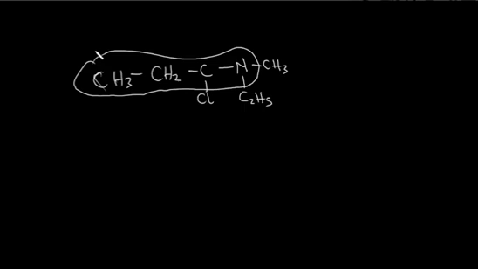So when you are allocating locants, are you going to start from here or from this side? You start from this side. So that's 1, 2, 3. Is this understood?